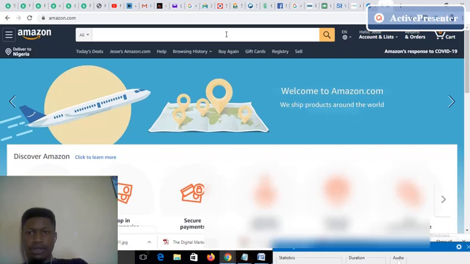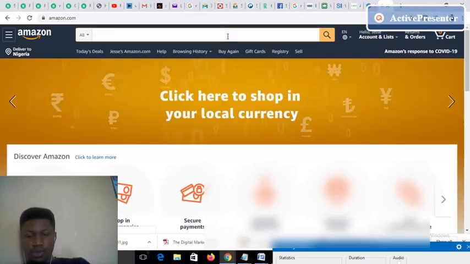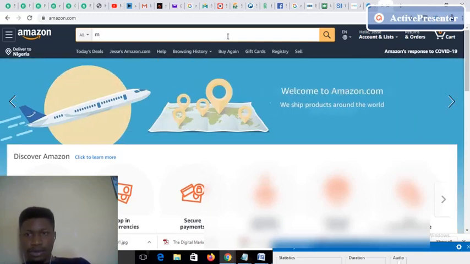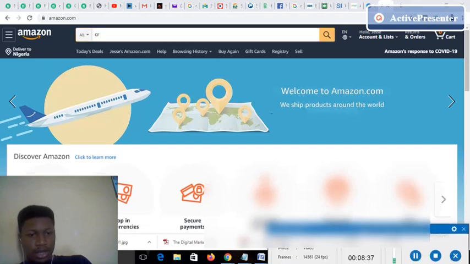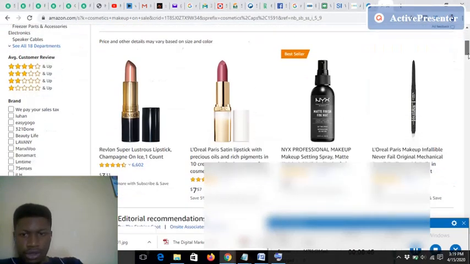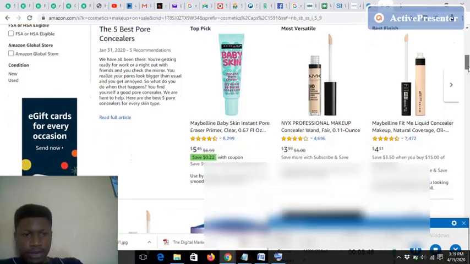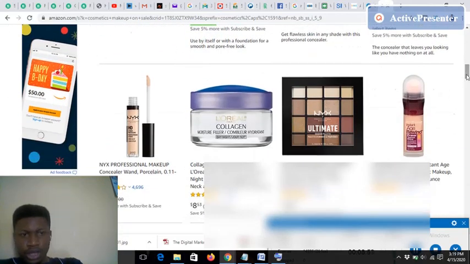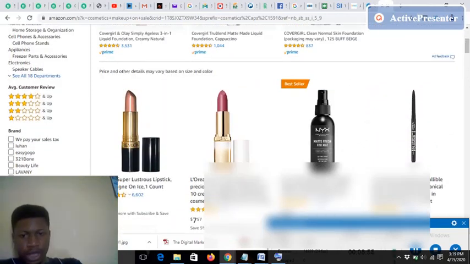Now Amazon is the ideal place where most products are being sold in the US. So it's important that you try to market yourself. Okay, so this is just an outline of how Amazon is. Now I'll just browse a little to show you how Amazon product descriptions are. Let's take for example, just pick this product and see how it's going to be.